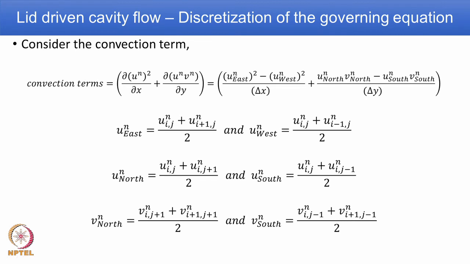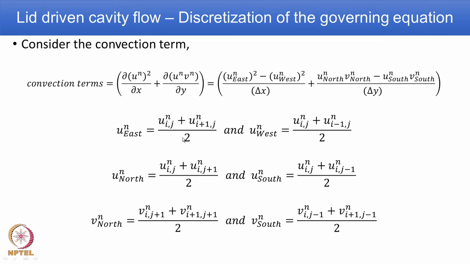Now, we have to recall what we did in the finite volume treatment of the convection term. We said convection terms are nonlinear, that is u multiplying ∂u/∂x. We need to evaluate u at faces and we need to get ∂u/∂x at faces, and that is what is followed here.